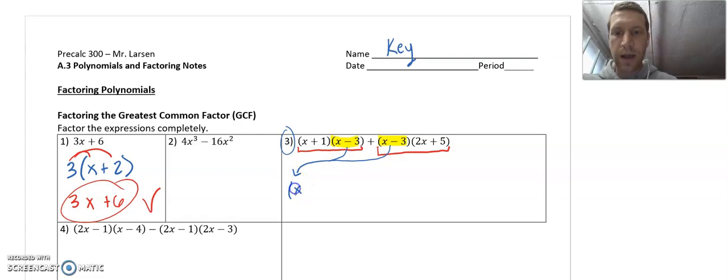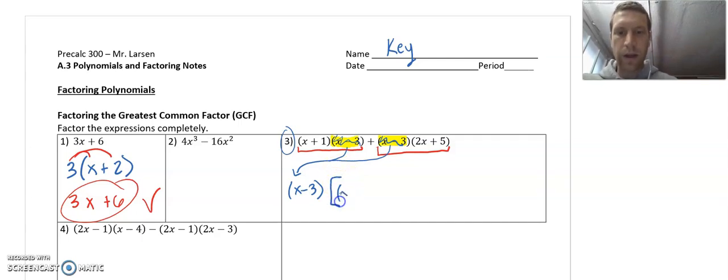So when I take x minus 3 out, those are now gone, and I'm left with x plus 1 from the first one. How do I want to show this? Let me do this a little bit differently. Let's put a bracket.